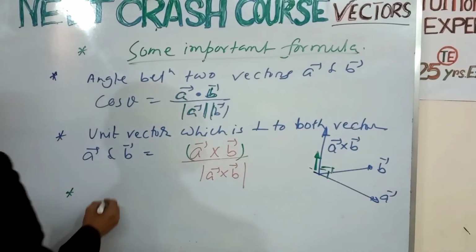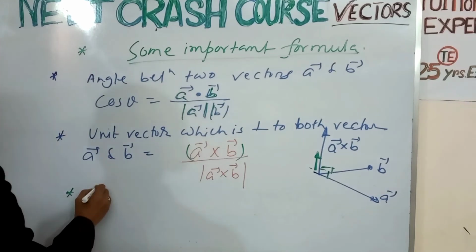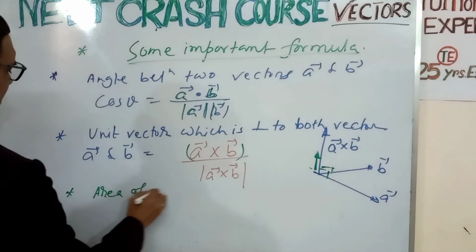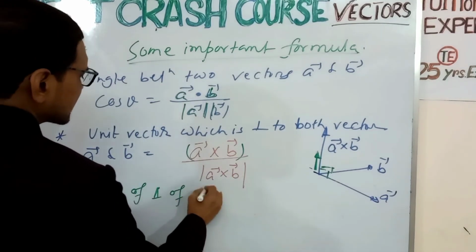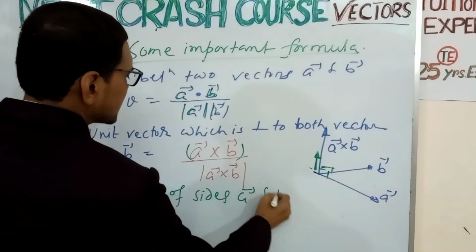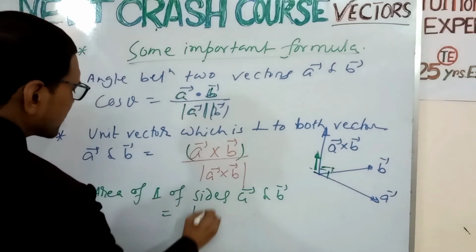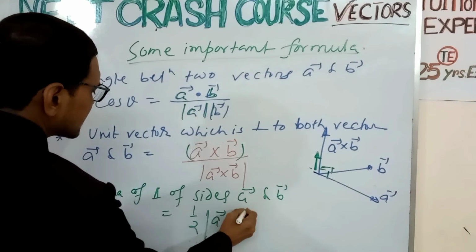Now next, the area of a triangle of sides a and b equals half of a cross b. This is the area.